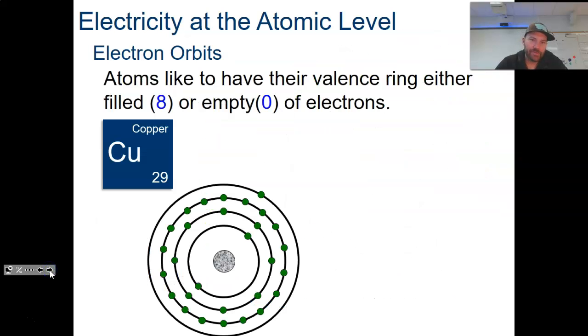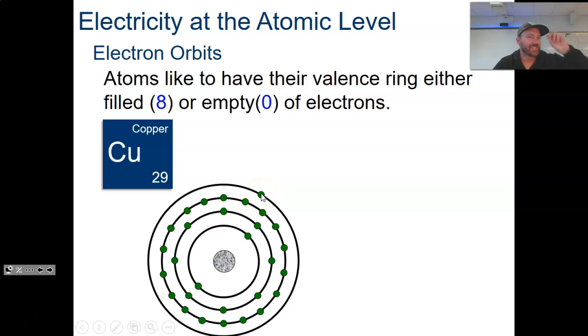So copper, for instance, and we all know that copper is a really good conductor of electricity, like all the copper wires in your house. Everything electronic that you have, the circuit board has been laid with copper. And so what makes copper such a good conductor is the fact that this outermost shell only has one electron.